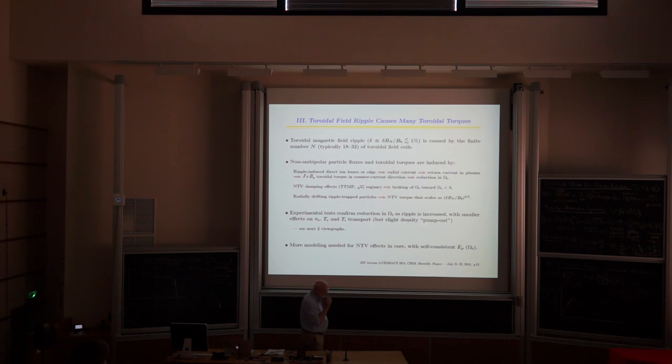Okay. Next subject. So that's basically this delta B, the low n. Now let's go to the medium n. So again, ITER plans on 18 coils. JET has 32. D3D has 24. Anyway, you get little bumps around the toroidal direction. So the toroidal field's doing this.